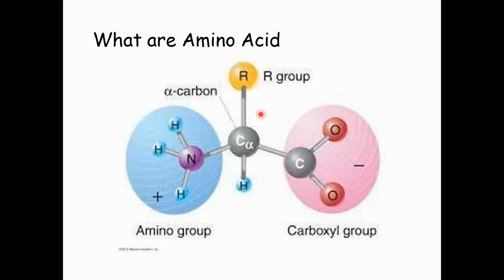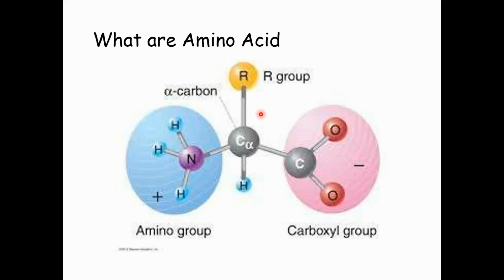And amino acid, as in the structure we are seeing, is actually a collection of atoms. In our previous lecture, we already understood what atoms are and discussed the structure of the atom. Now this is the beauty of science, that in science everything starts from scratch.